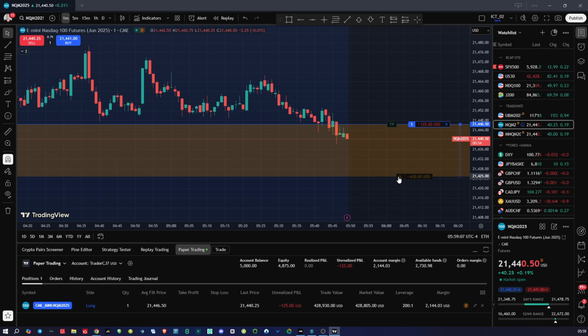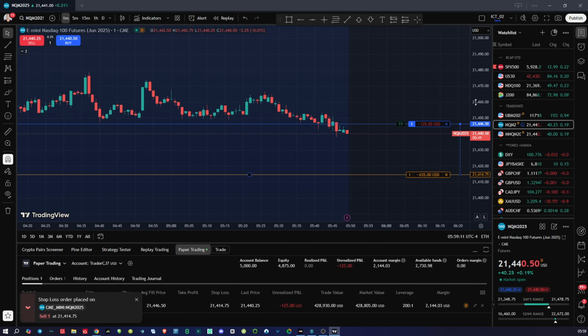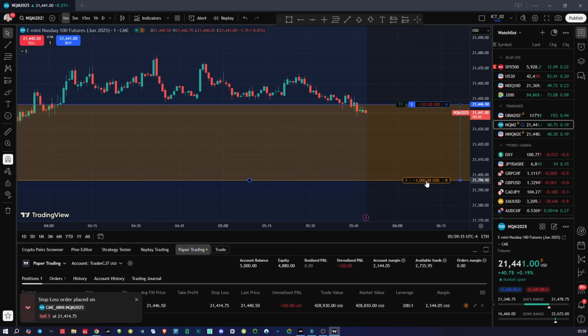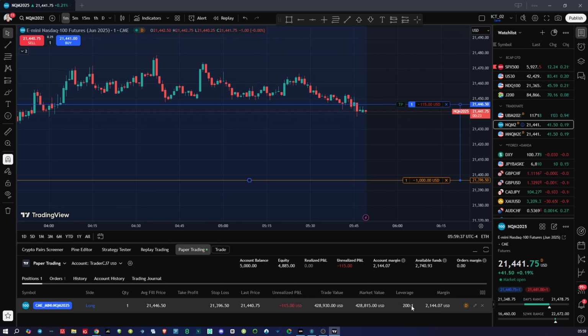If price goes to this, I'm going to zoom out, but I'm going to lose $1,000 at this price point. If price goes here, I'm going to lose $1,000. Currently my margin rate on this paper trade account is 200 leverage.